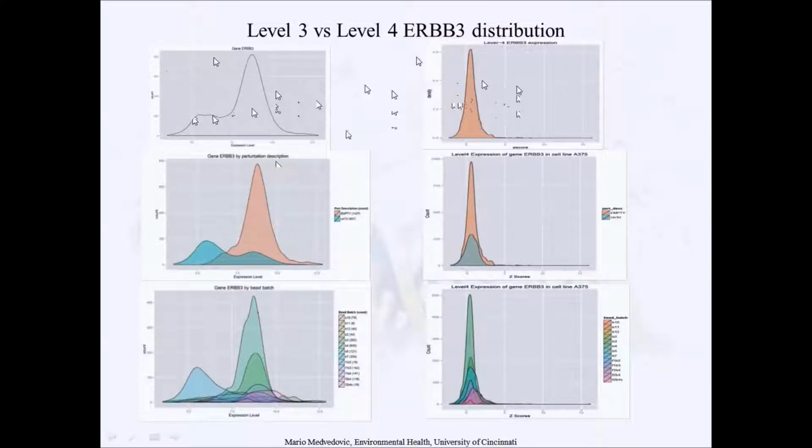And as you can see, this bump disappears in level 4 data, so it's normalized out somehow. So the z-scores of ERBB3 across all these same profiles look the way you would expect them to look, meaning that they all seem to be part, or the vast majority part, of the same bell-shaped distribution.